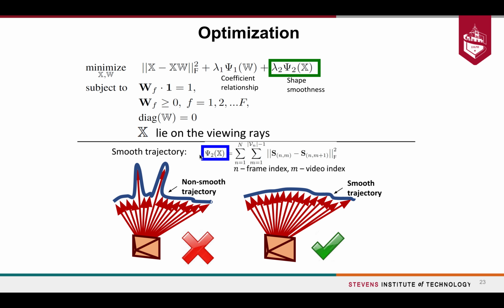And the third term penalizes the distance between neighboring frames in the same camera, since the sequencing within the same camera is known. So they do this to smooth the trajectory.